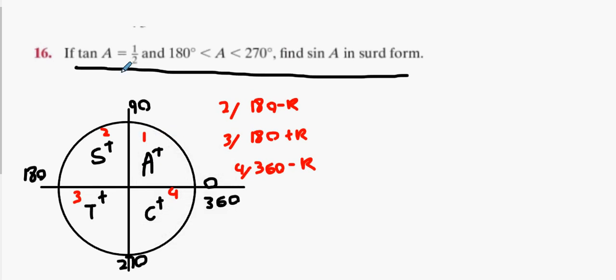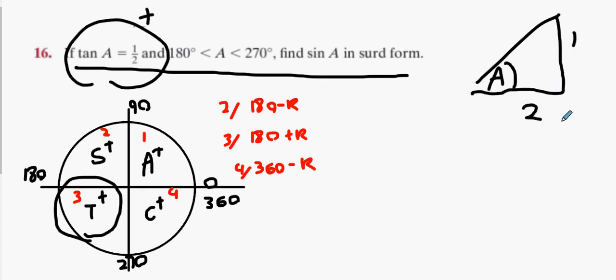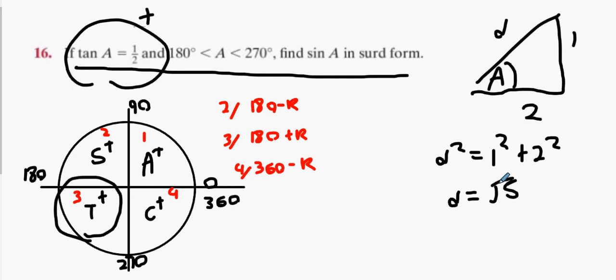Tan is positive, which means it's going to have to be in this quadrant here because it's disallowing 0 to 90, which is great. So tan, you can do it like this if you want. Tan A is opposite over adjacent, which is 1 over 2. Use Pythagoras' theorem, d squared equals 1 squared plus 2 squared, d equals root 5. Happy days.